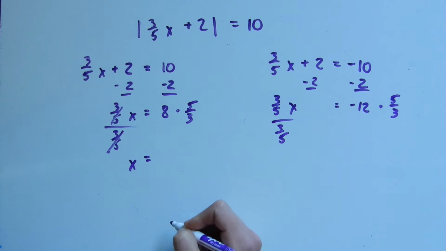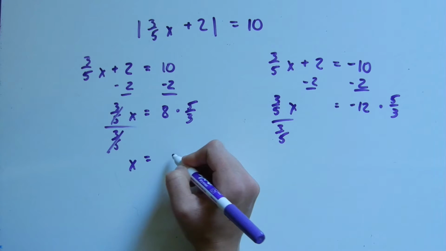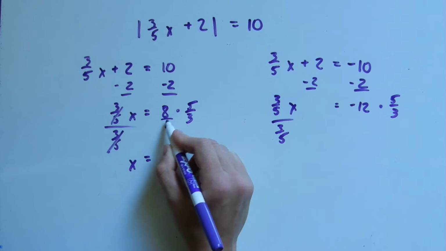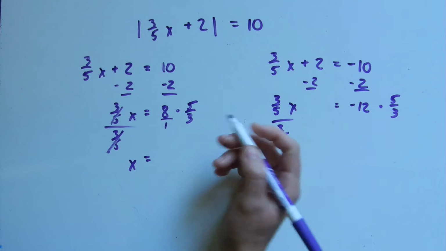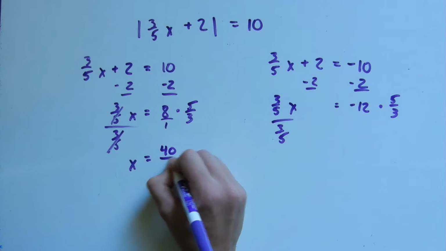So we have x is equal to 8 times 5, because this is 8 over 1, so 8 times 5 over 1 times 3, so 40 thirds.